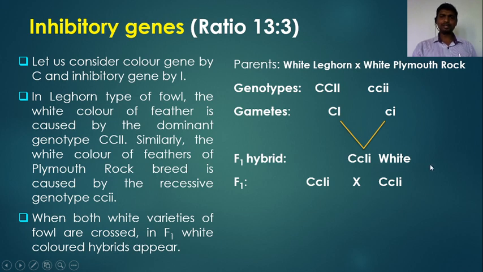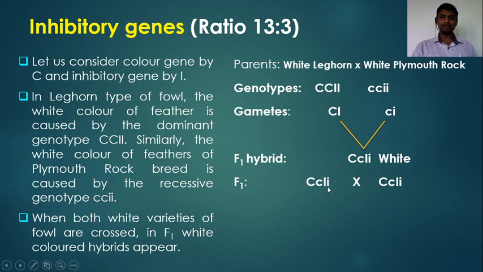So when a cross is made between the White Leghorn and White Plymouth Rock breeds, the F1 hybrid produced is heterozygous, having a genotype of Cc Ii and a white phenotype.